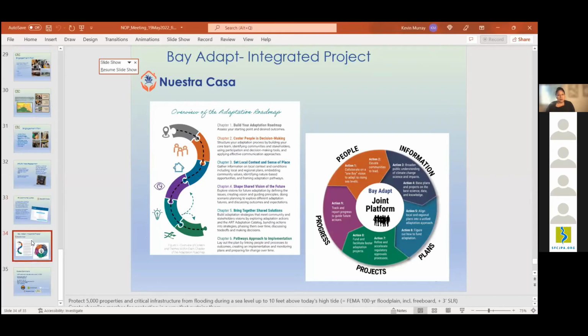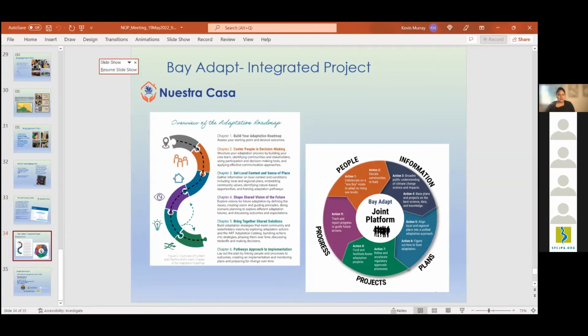Nusta Casa was involved in the community engagement component of the adaptation roadmap and led bilingual community forums. The objective was to center the voices of the communities we represent. We also provided recommendations on effective community engagement best practices.